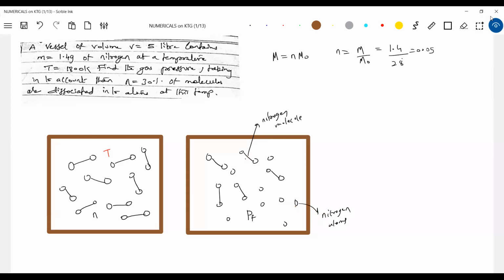According to Dalton's law of partial pressures, the total pressure should be the sum of the pressure due to diatomic molecules plus the pressure P1, which is purely due to the nitrogen atoms that have undergone dissociation.